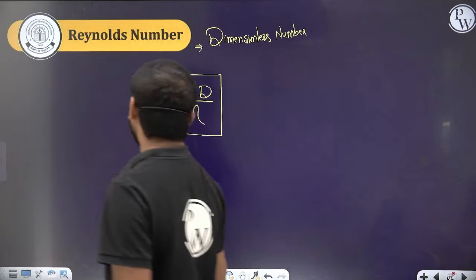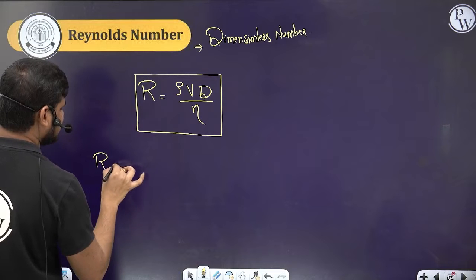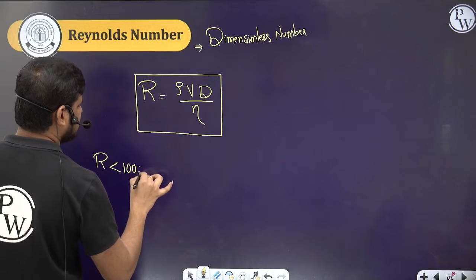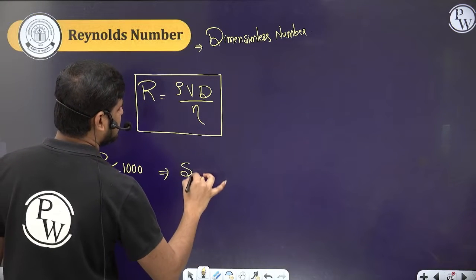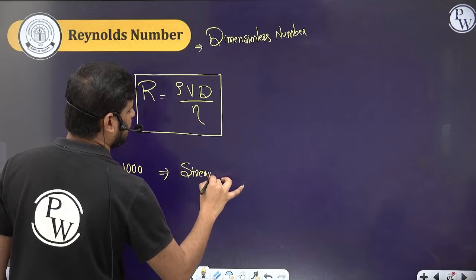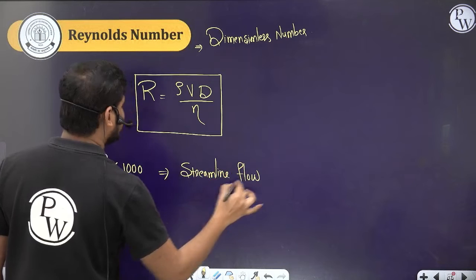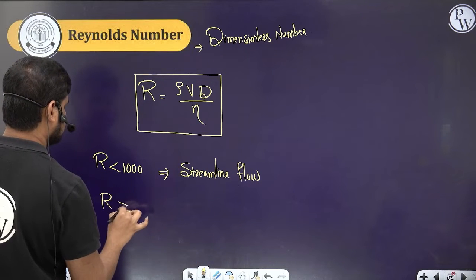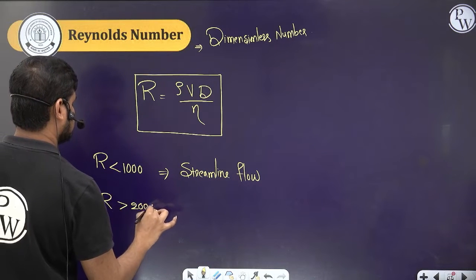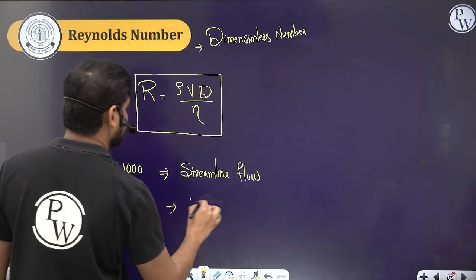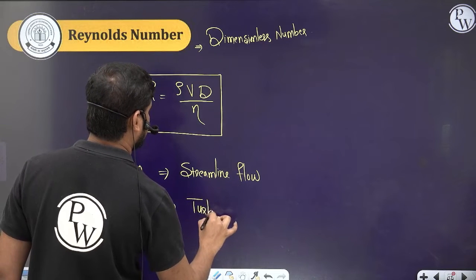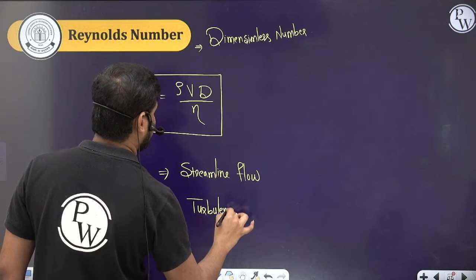So if the R value is less than 1000, then the flow is said to be streamline flow. If the R value is greater than 2000, then it's said to be turbulent flow.